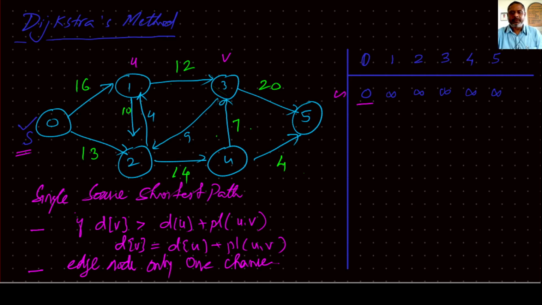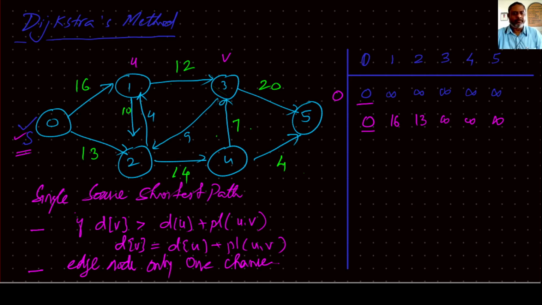That means we are beginning our journey with node 0. That's our source. From node 0, we found that there is a path to 1 whose distance is 16, and there is a path to 2 whose distance is 13, and all others are still unknown, because from node 0, nodes 3, 4, 5 are still unconnected directly.